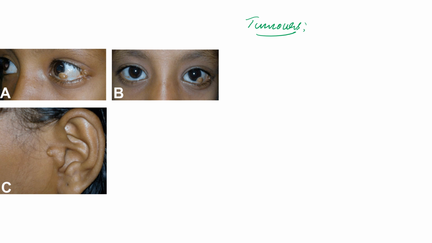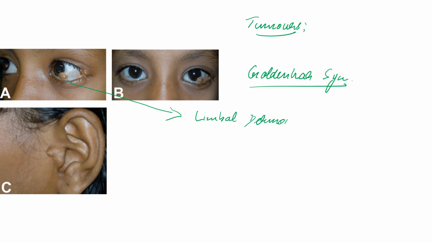This picture shows a case of Goldenhar syndrome. In Goldenhar syndrome, there will be limbal dermoid, which is a benign tumor of the sclera. Basically, limbal dermoids are choristomas. What is a choristoma?